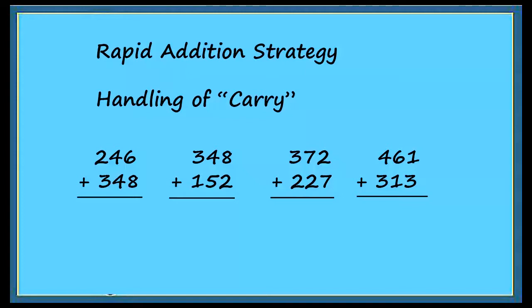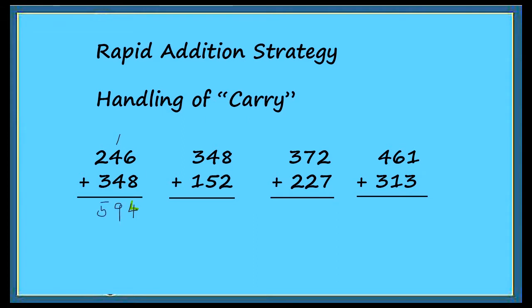For example, let's look at the example here. What we usually do is 6 plus 8, then you get 4. Let me change the color. Now we add the carry 1, so it becomes 9.